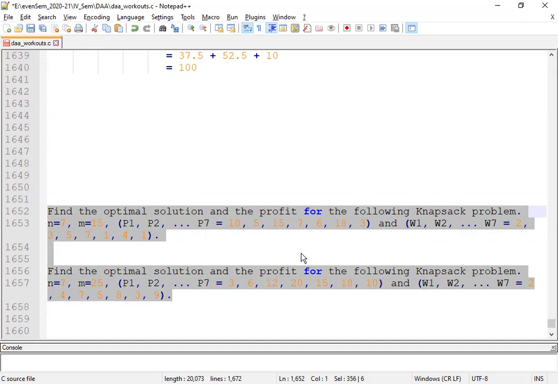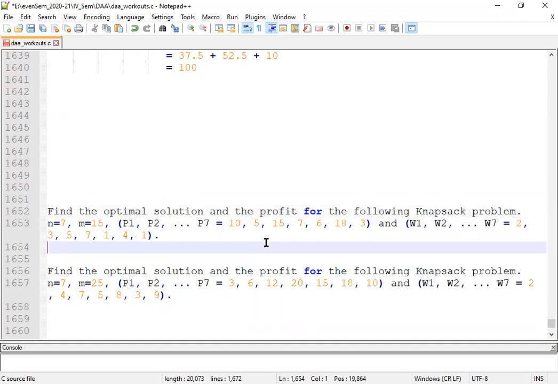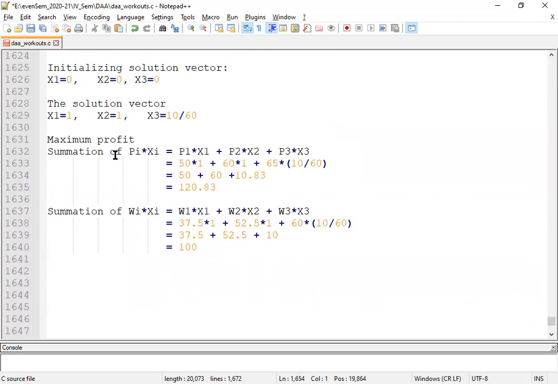In both examples, you are going to get solution vectors x1, x2, x3 up to x7, with initial values of zero for all 7. Then start filling up x1, x2, and so on. Then calculate the maximum profit using the formula summation of Pi into Xi, and verify that profit by calculating the summation of Wi into Xi.